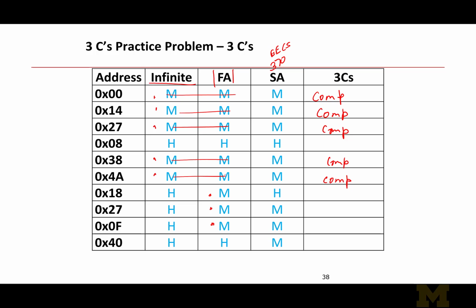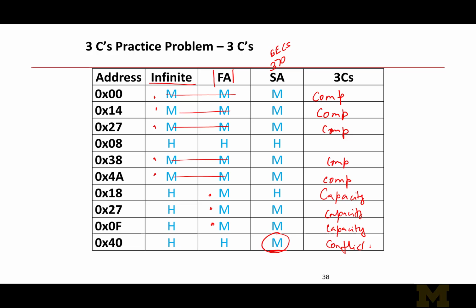Because these misses have been taken care of since we flagged them as compulsory. So only 3 extra misses remain, and those need to be flagged as capacity misses. Okay, and the final one is to observe any misses that you may have encountered in the given cache which have not yet been flagged. So all of these have been flagged, except this one, so that has to be classified as a conflict miss.